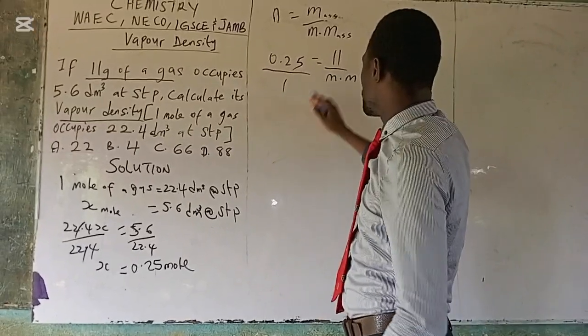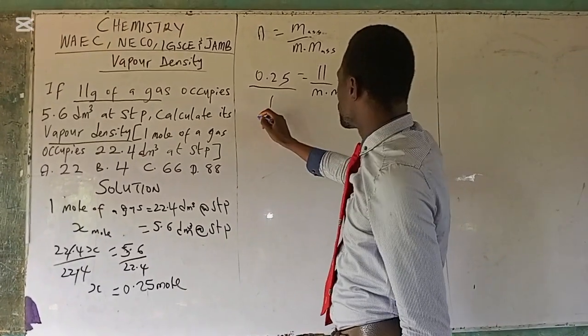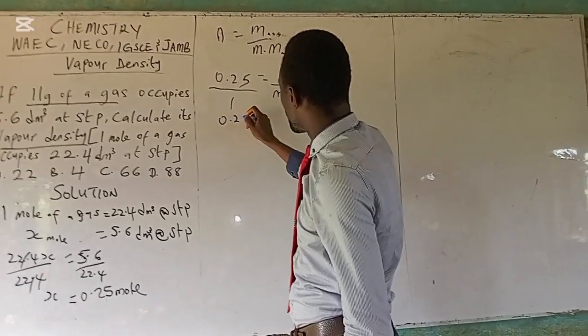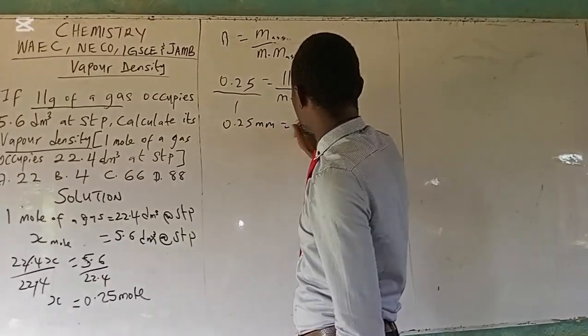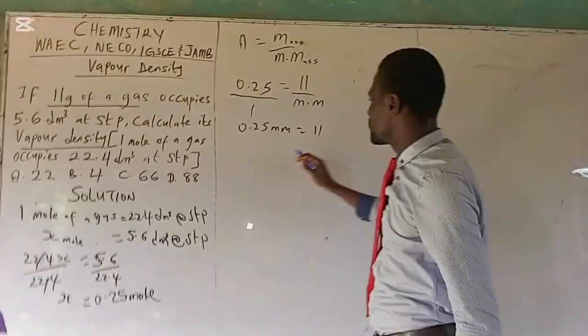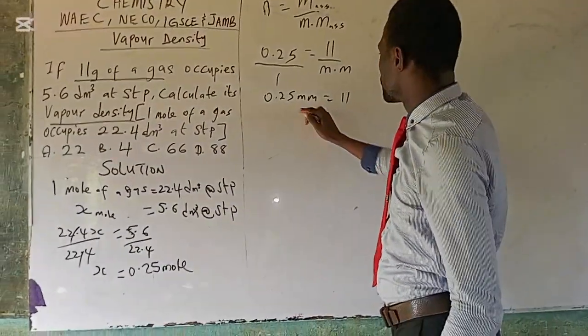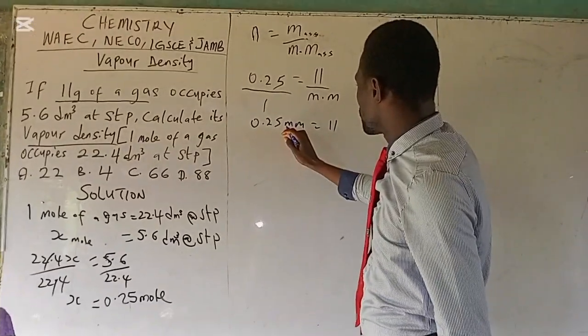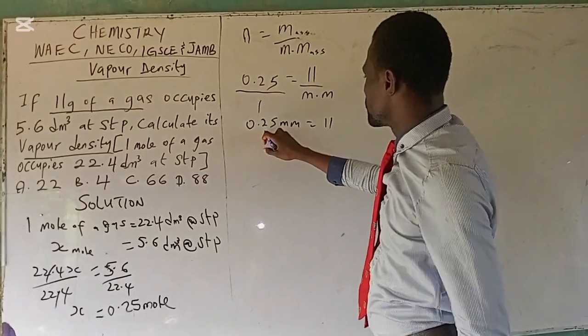Here we cross multiply too. If you cross multiply, we have 0.25 M equals 11. We divide both sides by the coefficient, 0.25.